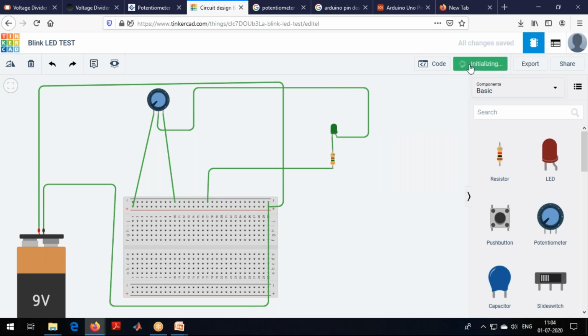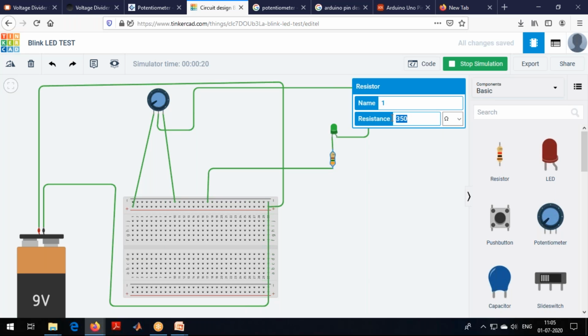Now I'll start simulating. See, try looking at the intensity of the LED when I am moving this wiper. Now it is off. As I am moving again, it is on, right?